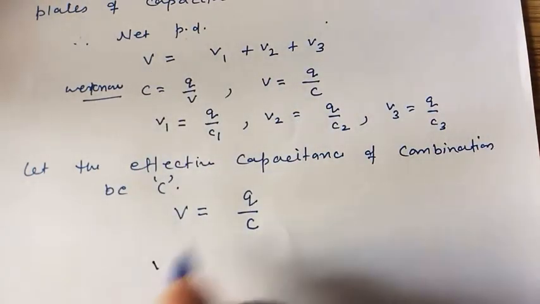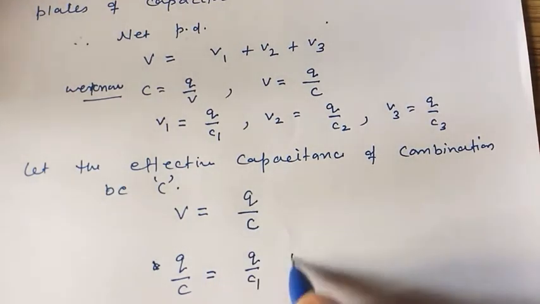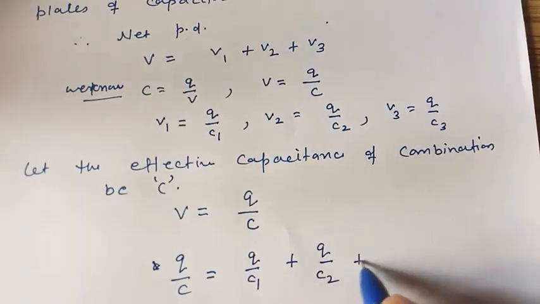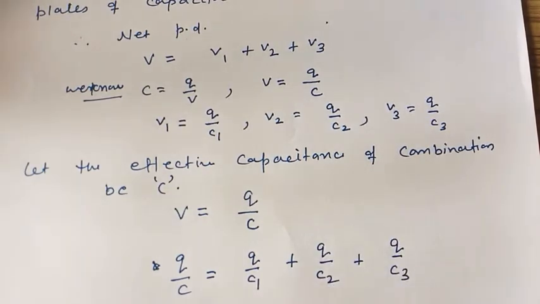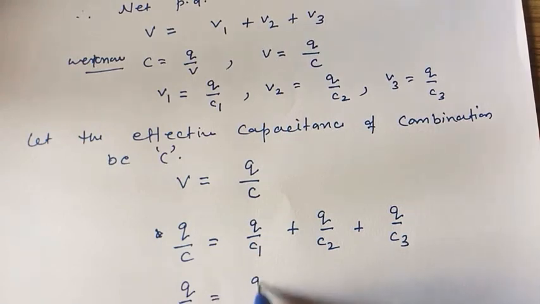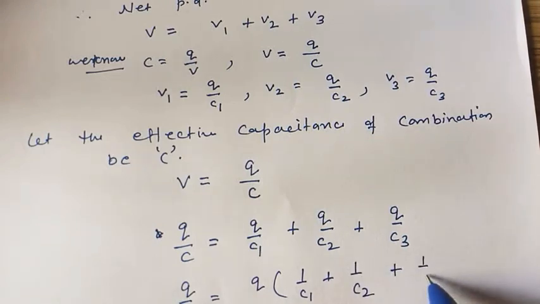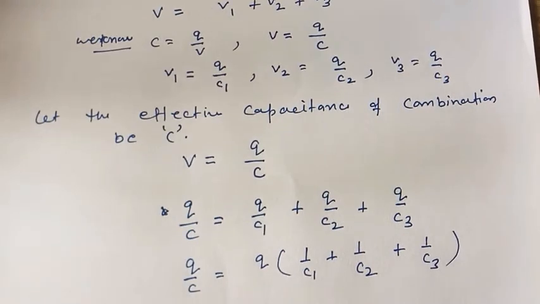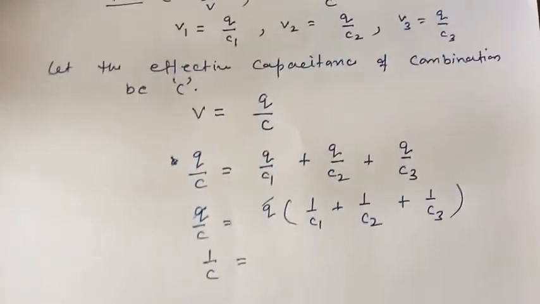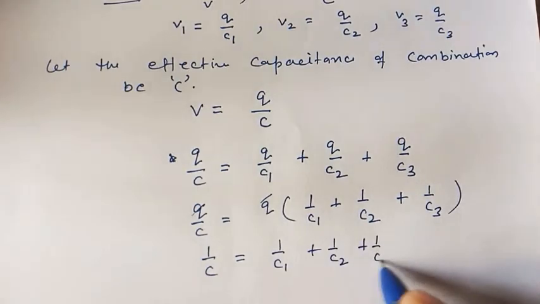V equals Q upon C equals Q upon C1 plus Q upon C2 plus Q upon C3. You can take Q common: 1 upon C1 plus 1 upon C2 plus 1 upon C3. This Q will cancel out. So 1 upon C is equal to 1 upon C1 plus 1 upon C2 plus 1 upon C3.